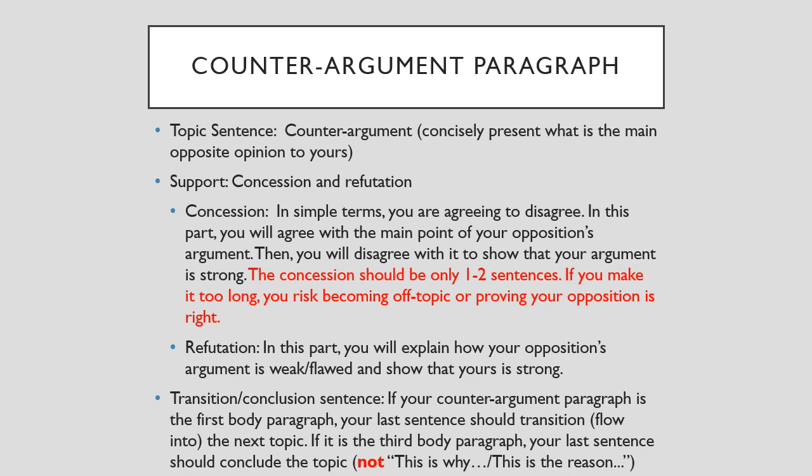Okay? If you choose to write your counter argument as the third body paragraph, then I suggest that your last sentence should be a conclusion. And that means that you are wrapping up, you are summing up the topic for that paragraph, which is the counter argument, right? That's my suggestion. And that's it. That is it in a nutshell.